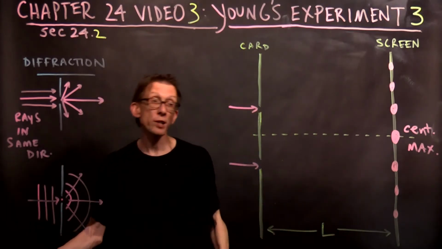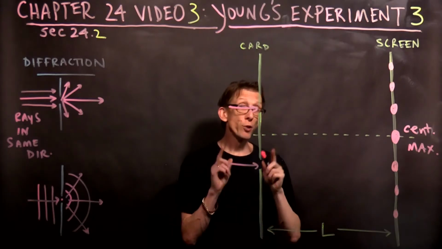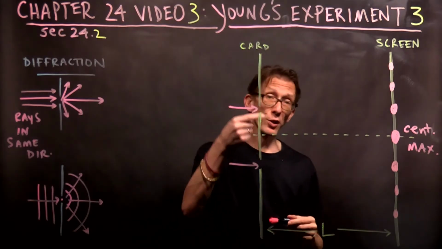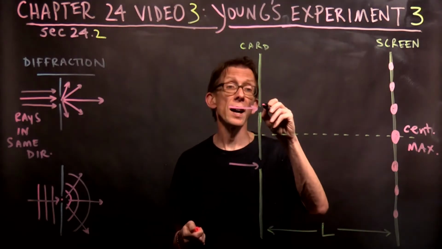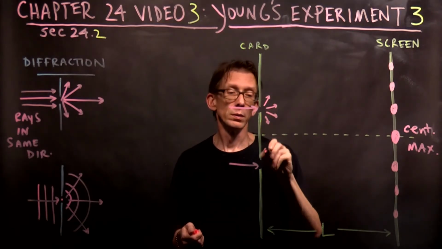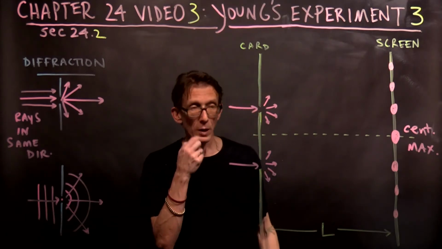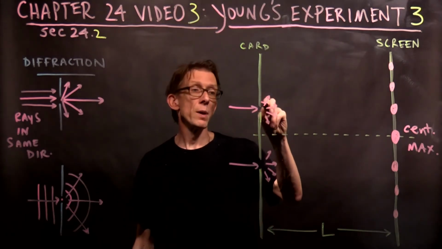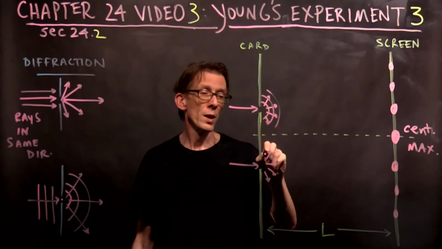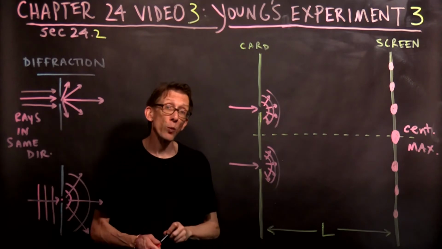And what happens with these two waves here, we're going to say in more detail in just a minute. But what I want you to remember is that when the light passes through each one of these slits, on the other side it goes off in all directions. So we have this slit making waves, this slit making waves, and those waves can interfere with each other.